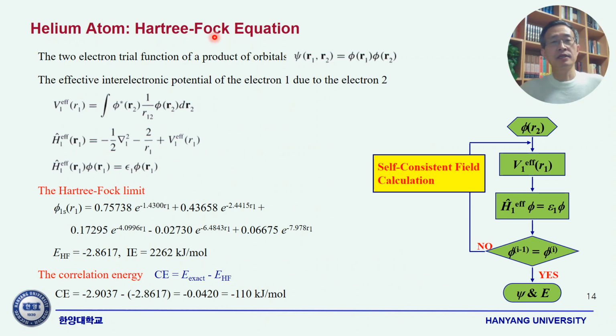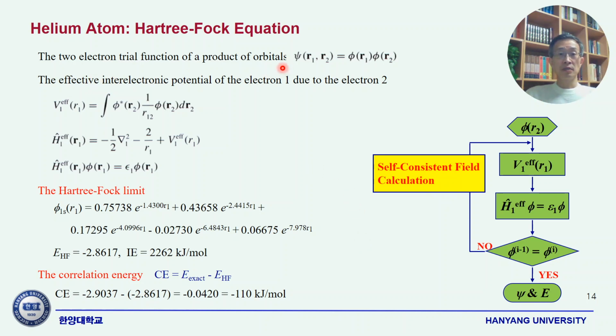The Hartree-Fock equation is a way of doing energy calculation and wave function calculation. How do we calculate the wave function? The wave function itself is an expansion in basis functions, and then we determine the coefficients of the expansion. That is the way we calculate the wave function for the state.